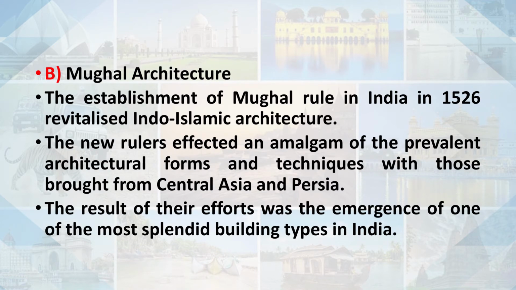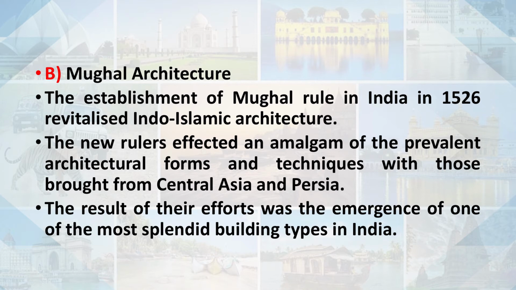Now let us learn about the Mughal architecture in India. The establishment of Mughal rule in India in 1526 revitalized Indo-Islamic architecture. The new rulers effected an amalgam of the prevalent architectural forms and techniques with those brought from Central Asia and Persia.